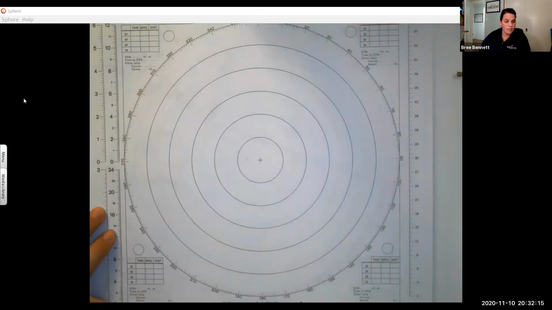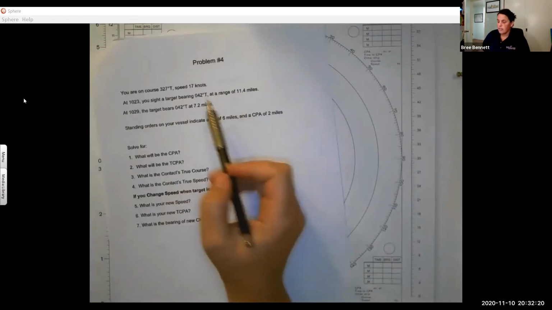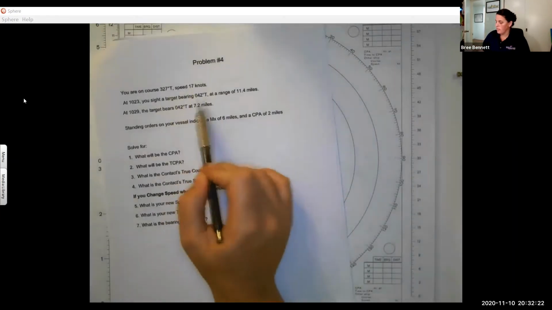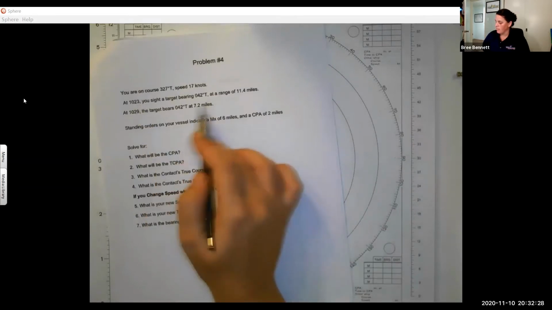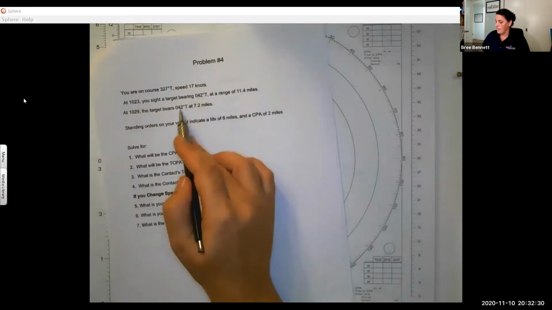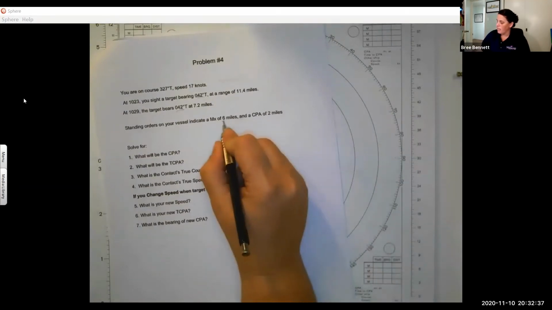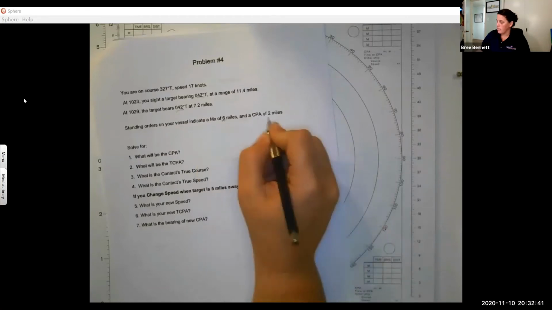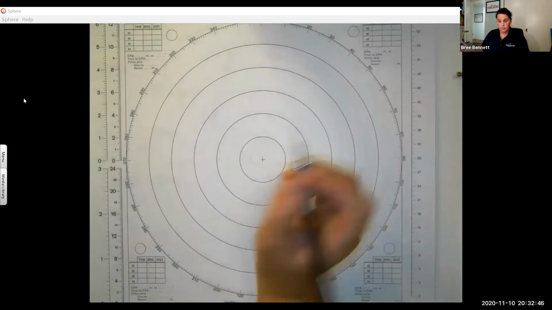We'll start out. They give us our own course and speed. The fixes are 6 minutes apart. We are on the same bearing, so I can see our CPA will be 0, but we want an MX of 6 miles and a CPA of 2 miles. So let's plot that.